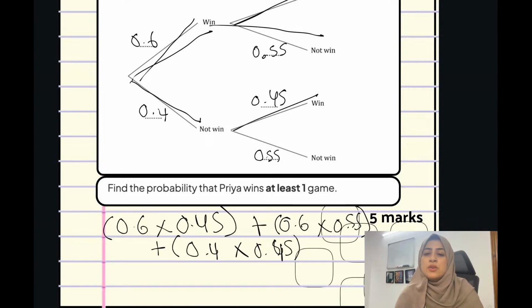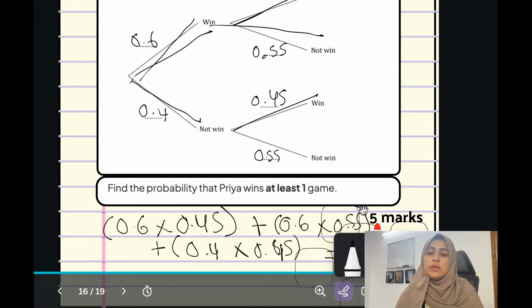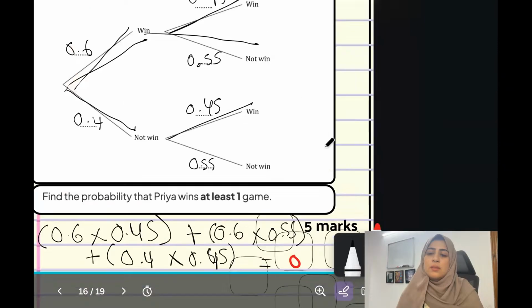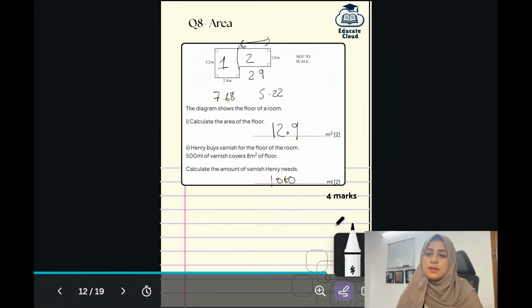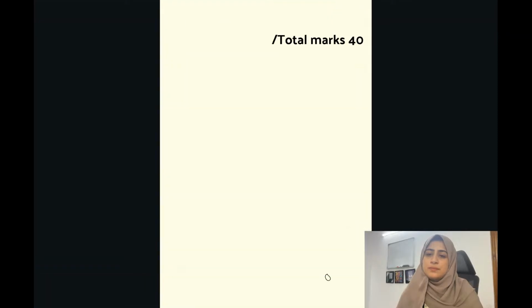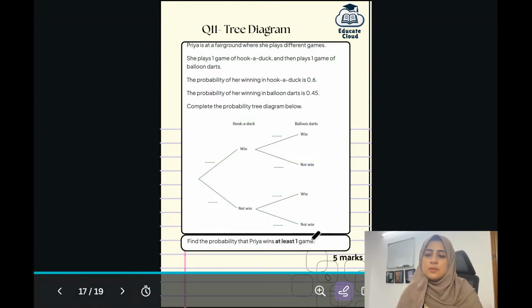That is not win hook a duck, but win the balloon darts. So overall, the answer is 0.78. Yeah, so the answer for the last part is 0.78.